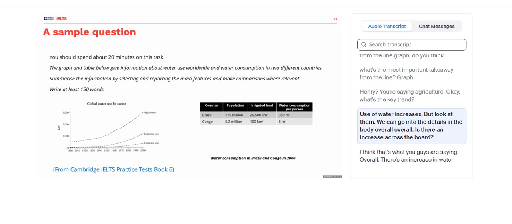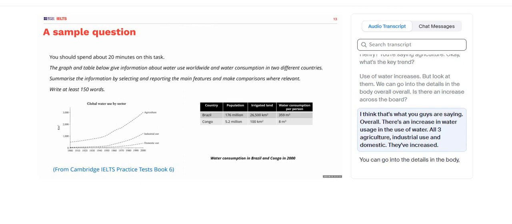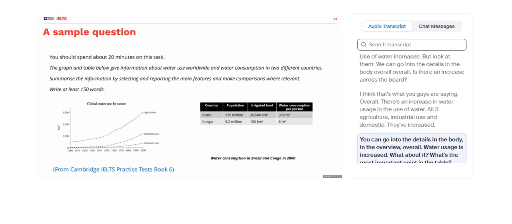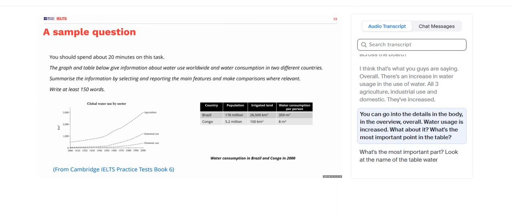We can go into the details in the body. Overall, is there an increase across the board? Overall, there's an increase in water usage. All three, agriculture, industrial use, and domestic, have increased. You can go into the details in the body. In the overview, overall water usage has increased.